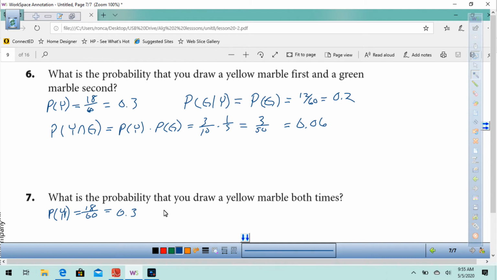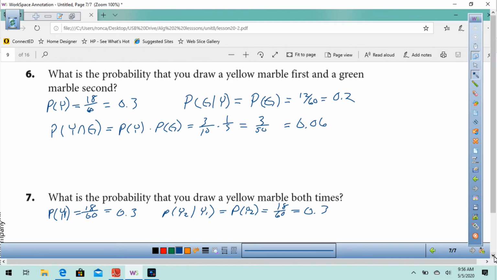And then we have the probability of yellow the second time, given we had yellow the first time. Again, since we put the first one back, there's still 18 yellow. So that's the probability of just yellow 2, 18 over 60, which is 0.3.